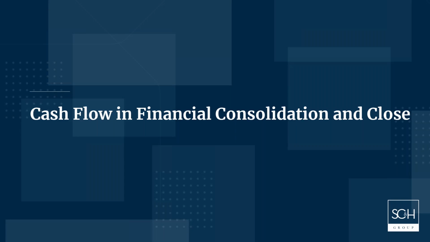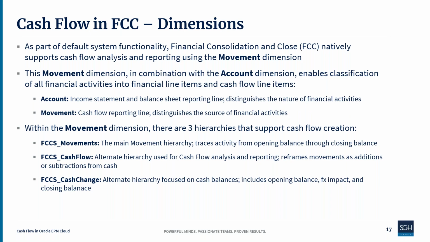Okay, so let's start by talking about Financial Consolidation and Close. In FCC, there's default system functionality that natively supports cash flow analysis using what's called the movement dimension. It's basically a separate dimension in addition to the account dimension that allows you to track both the nature of financial activities and the source of those activities.